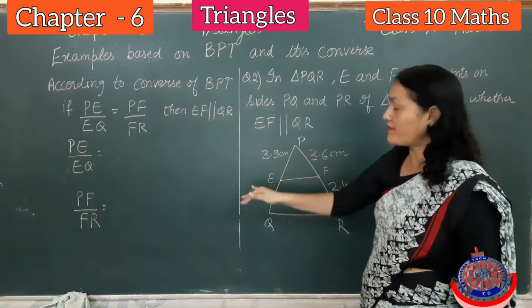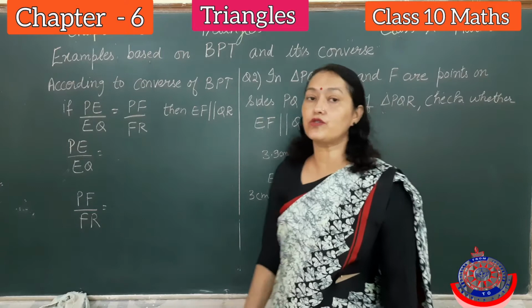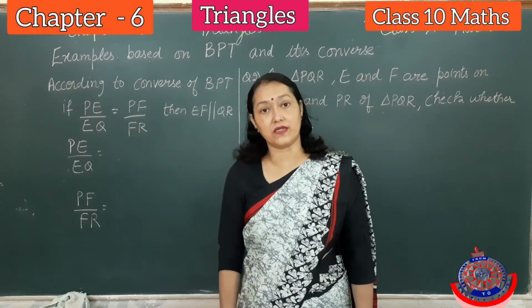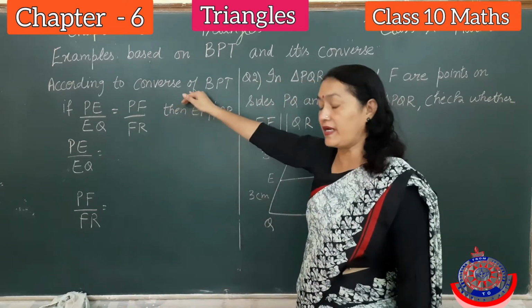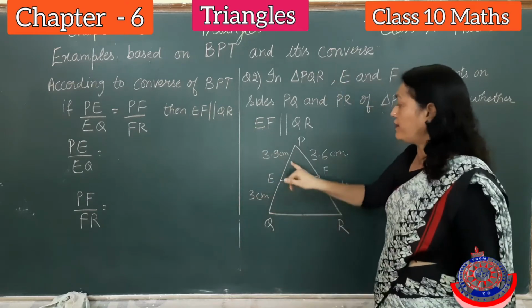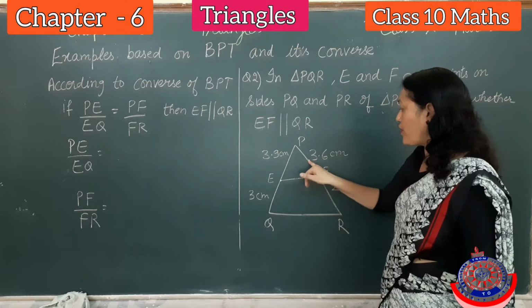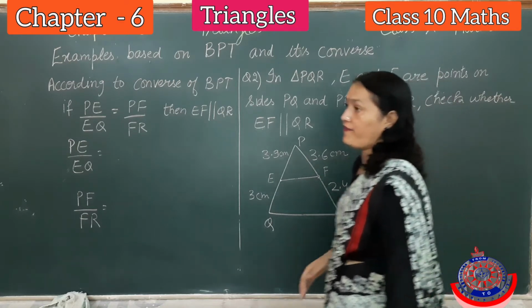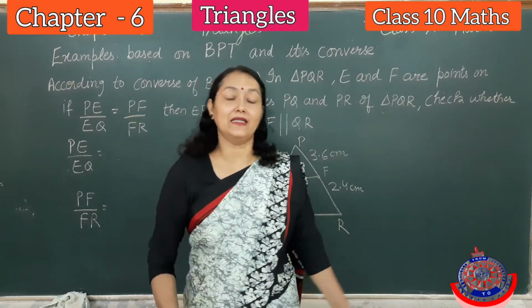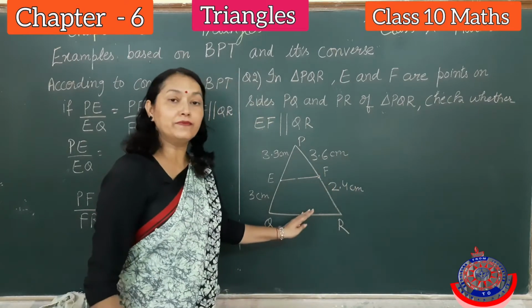Here we have to check whether the line is parallel or not. That means for sure we have to use the converse. From the converse of BPT, we have learned that if the ratio of PE upon EQ is the same as the ratio of PF upon FR, if both the ratios are the same, then this line will be parallel, otherwise not.